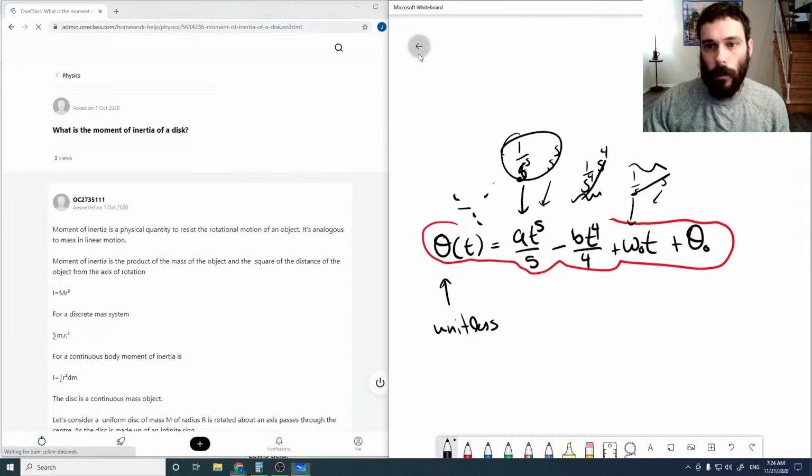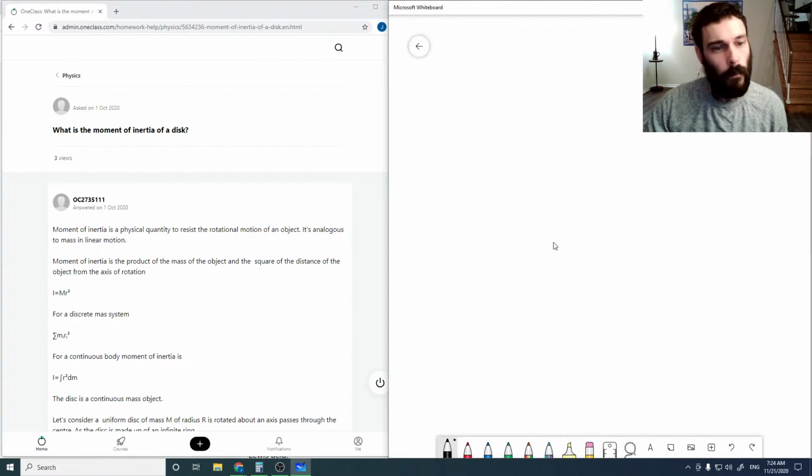Okay, and now, what is the moment of inertia of a disk? So, moment of inertia depends on how you define your moment.